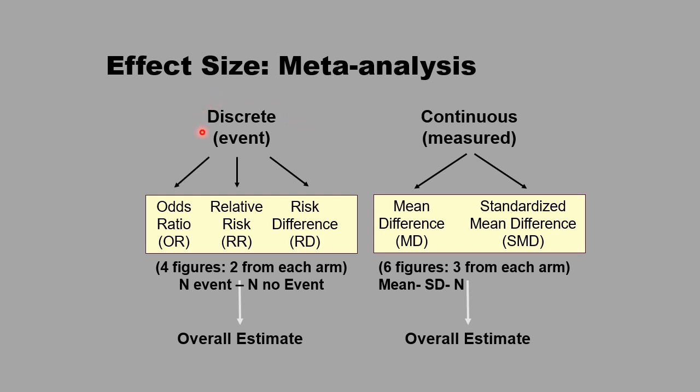If they are reported like discrete events, like dead or alive, cured or not cured, improved or not improved, we either use the odds ratio, the relative risk, or the risk difference. But if the results are continuous, like a certain measurement, then we take the mean difference between the two groups, or we can standardize this by dividing the mean difference by a certain standard deviation that can be calculated between the two groups. We go through this when we discuss the meta-analysis.